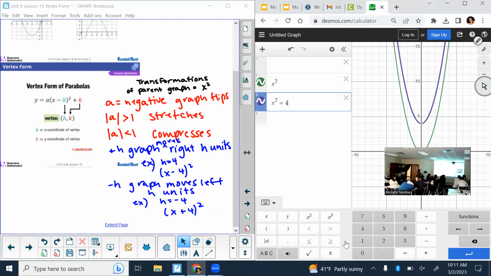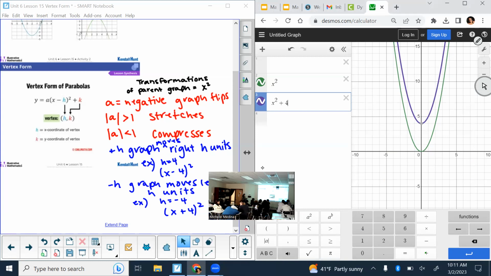Okay, what happened to the graph? What way did it move? So if it's a positive k, it moves up k units. So if k is 4, that means it moves up 4. Guess what happens if k is negative?